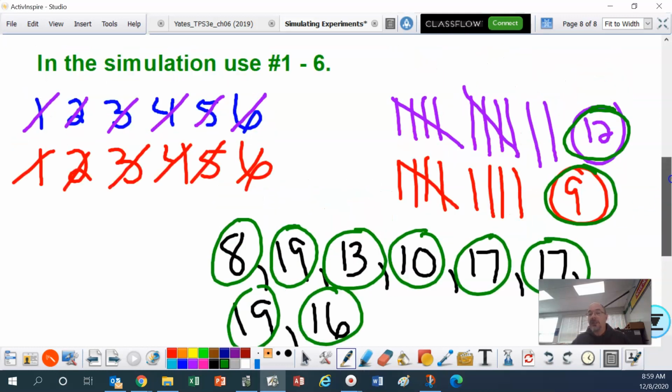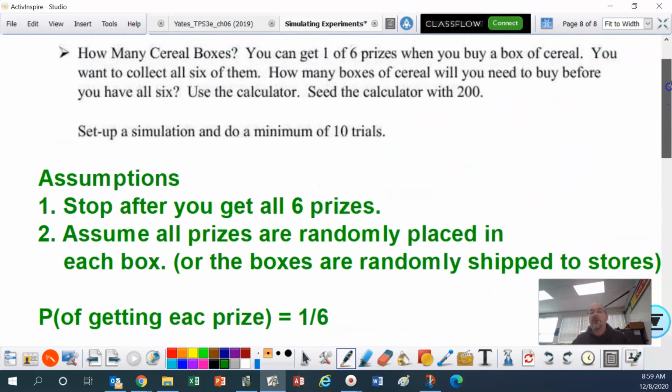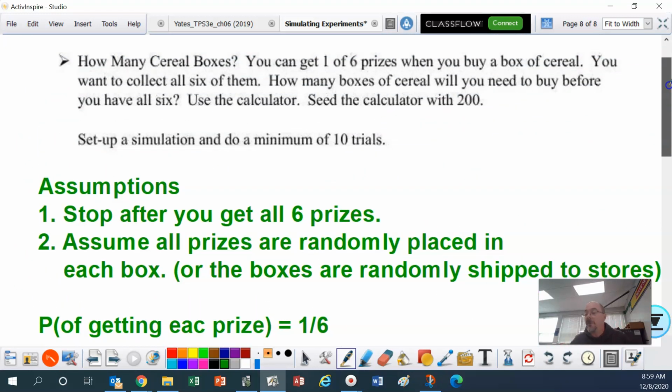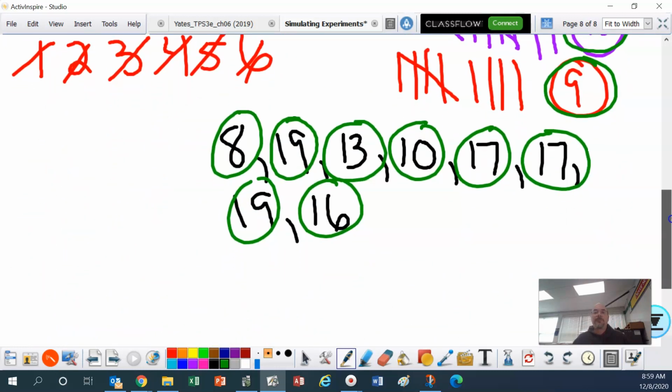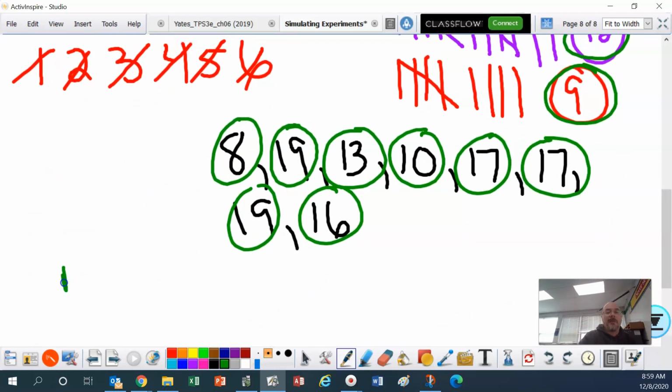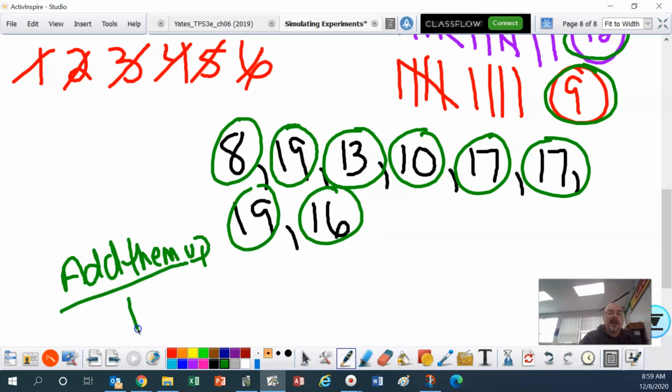Okay, so the question is, how many boxes of cereal are you going to need to buy before you have all 6? So I'm going to find an average. So if I add them all up, okay, add them up, divide by 10. Now, hopefully I didn't make any mistakes.